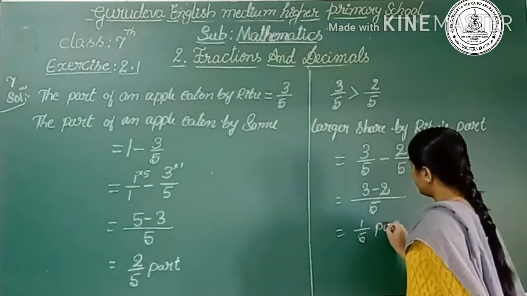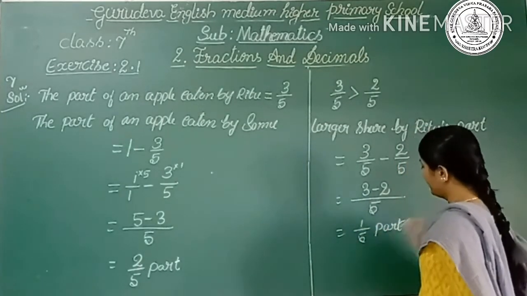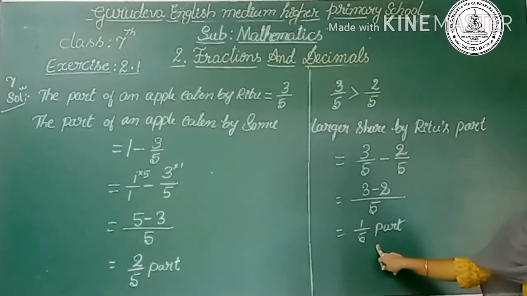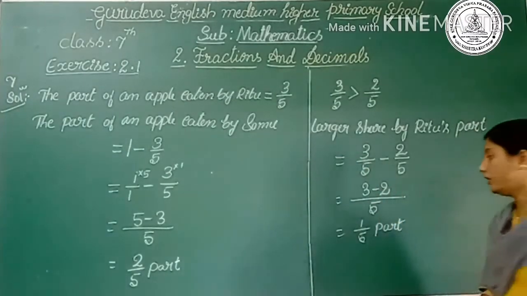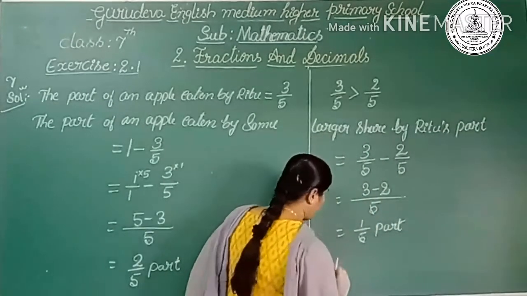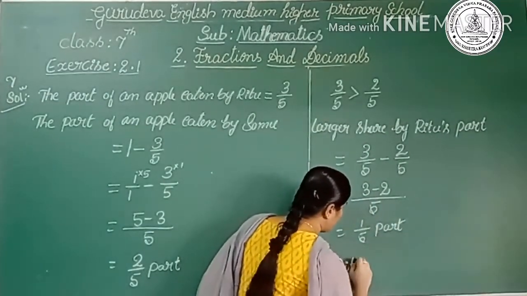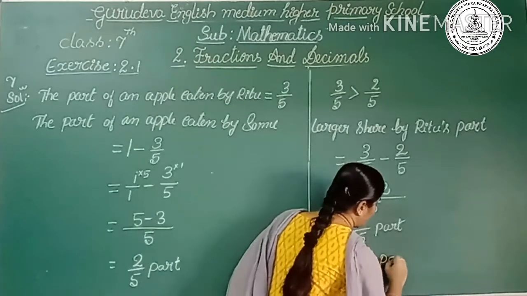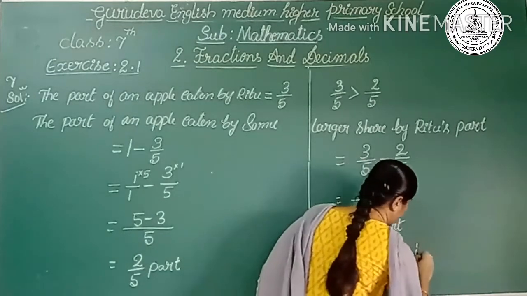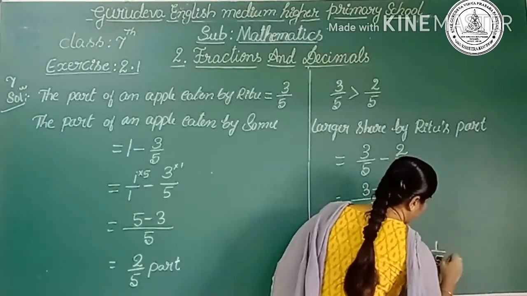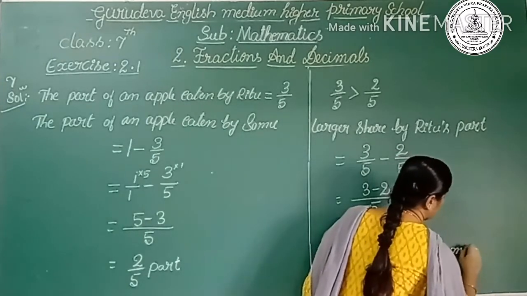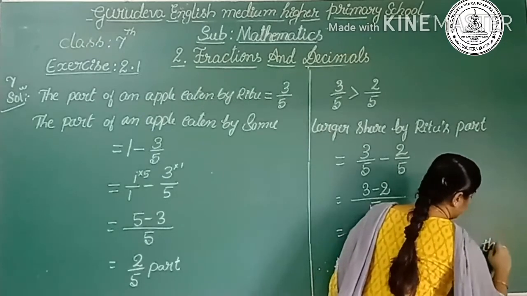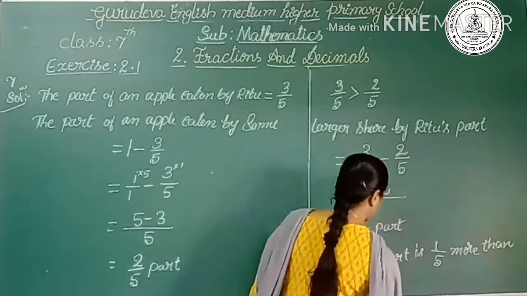So Ritu's share, 1 by 5 part, is larger than Somu's share. Okay, write down. Therefore, Ritu's part is 1 by 5 part more than Somu's part.